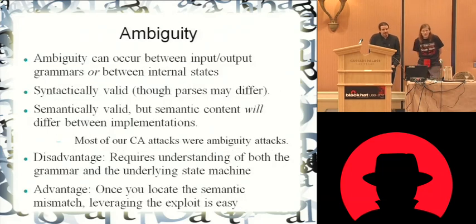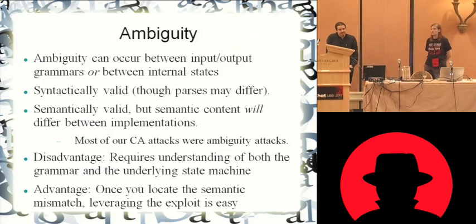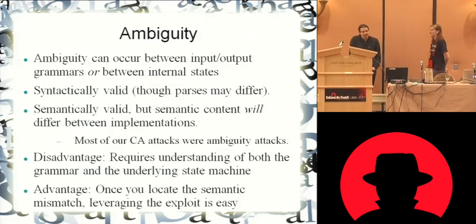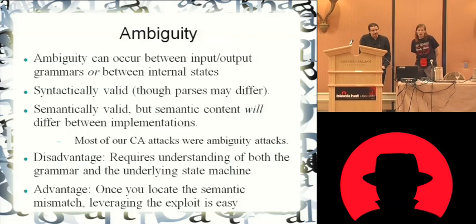Okay, so we can see ambiguity in different places, not just between input and output, but also between the internal states of implementations. The integer overflow attack that we described earlier was an example of an ambiguity attack.